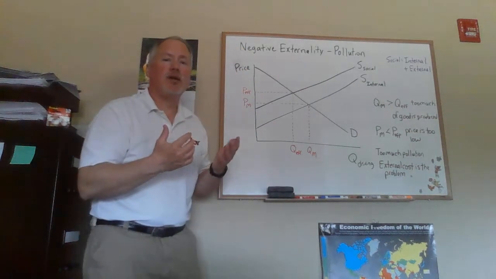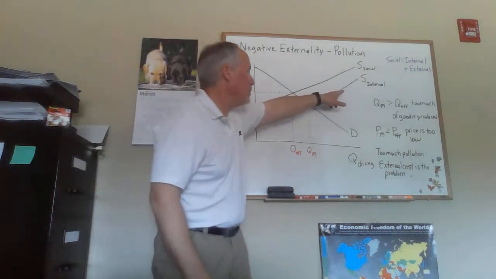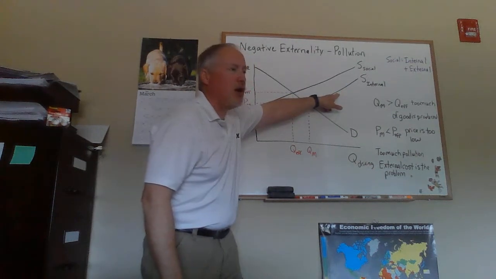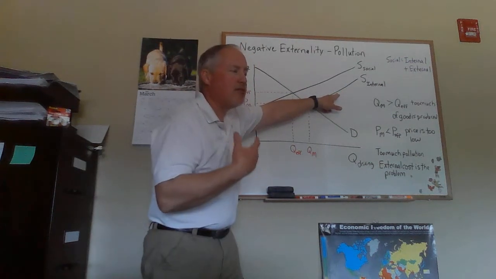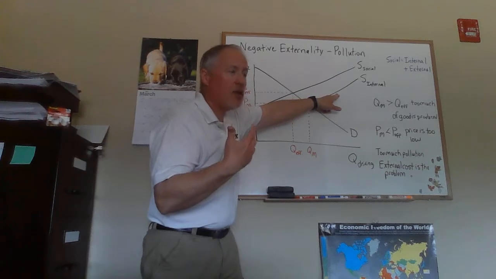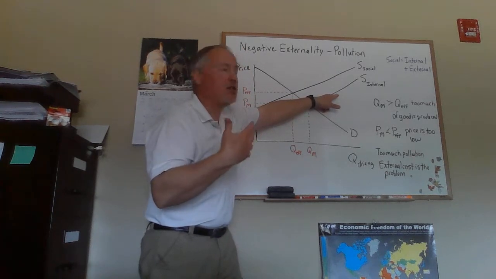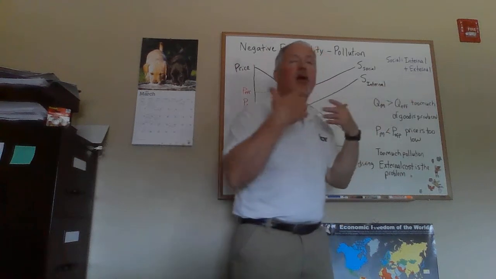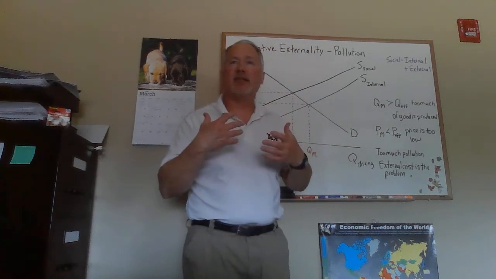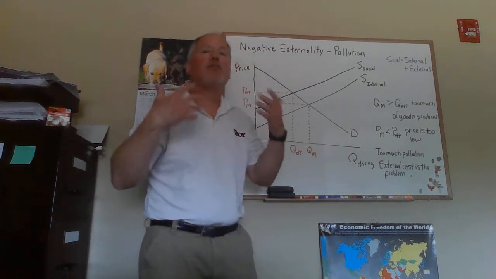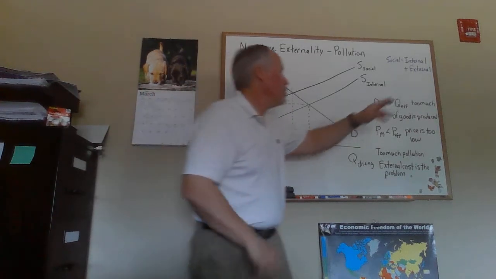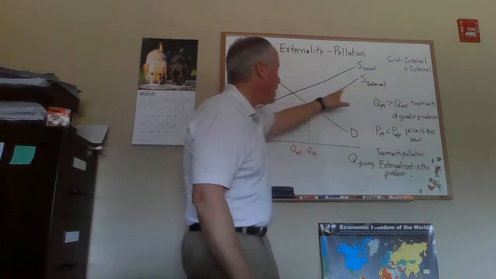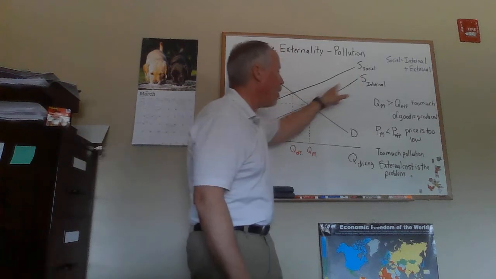So the internal costs, the costs that people normally have to pay to drive, don't include all of the costs. There are some additional costs that are external, that the buyer and seller do not have to incur. So this supply curve doesn't represent all of the costs.